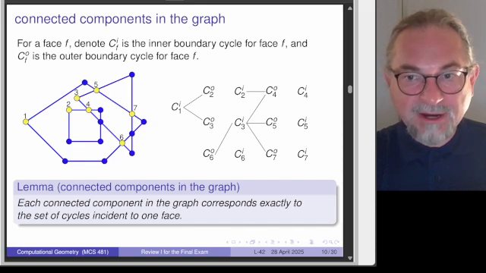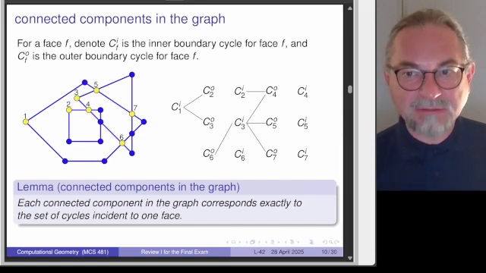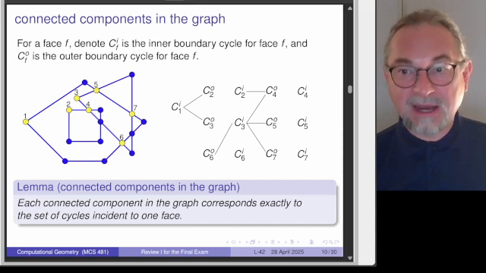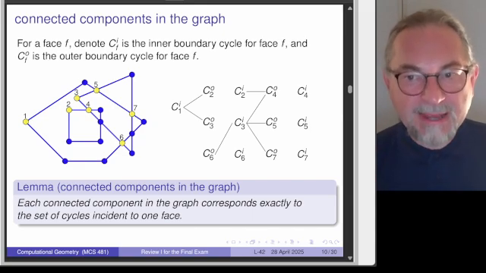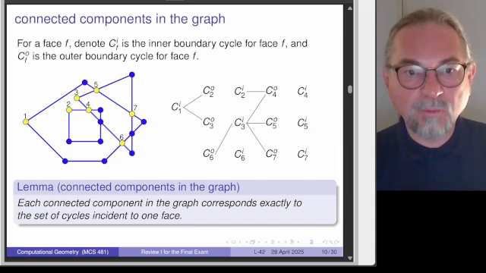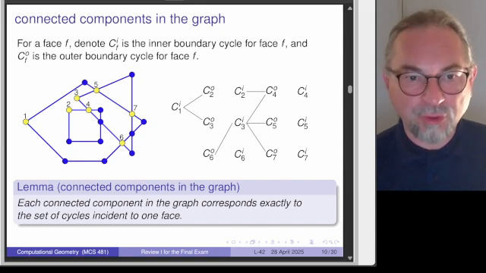So we can run around the face on the outside. On the outside, we do this in a clockwise fashion. So that's the outside cycle. And in the inside cycle, we are running around in a counterclockwise manner.